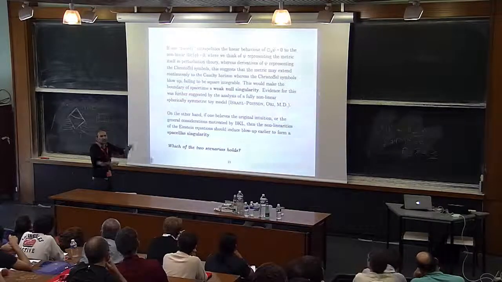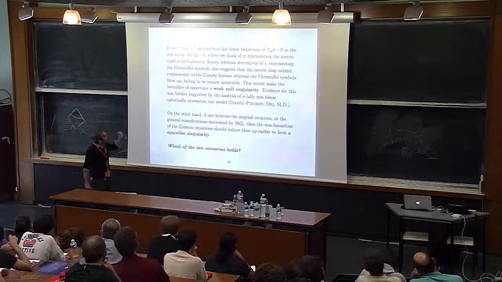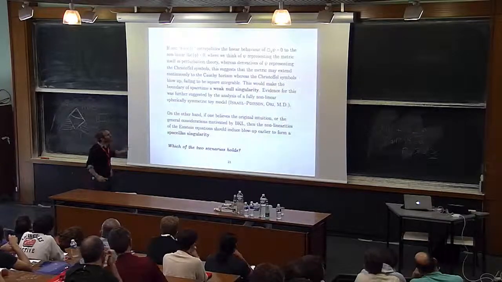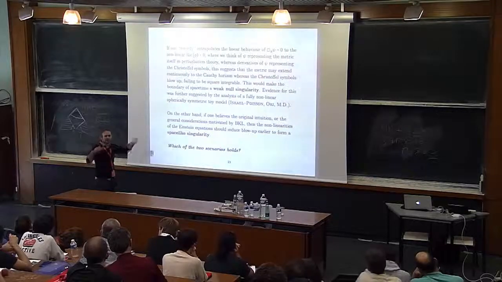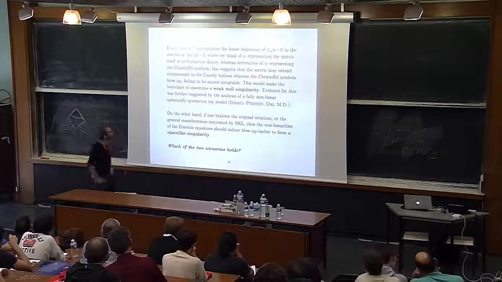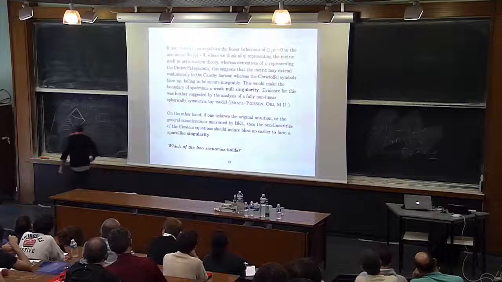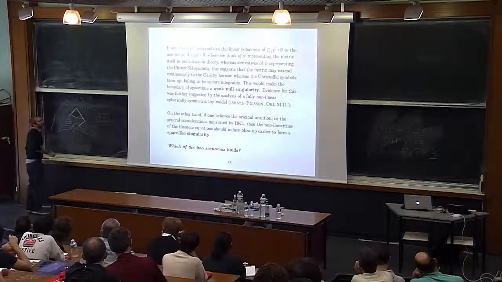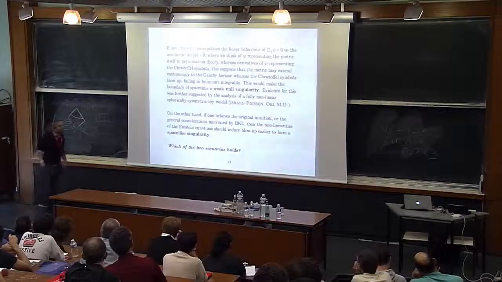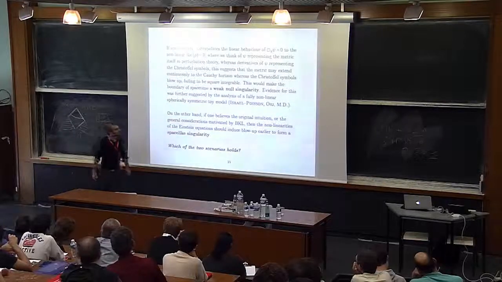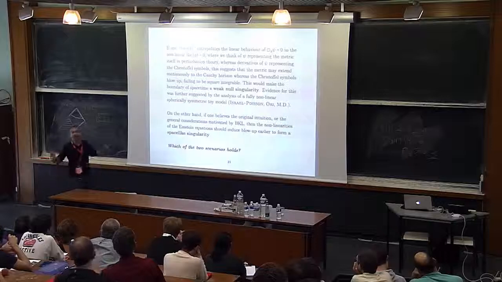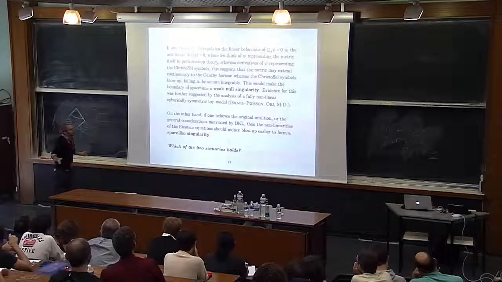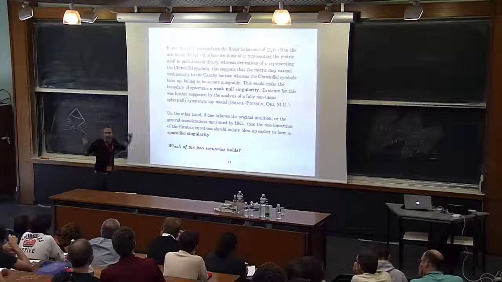And there is also some evidence for this from some very rough, spherically symmetric toy models, which were fully nonlinear. That's what you get by extrapolating that. But on the other hand, if you believe this original intuition and these very general considerations motivated by the BKL conjecture, then singularities should be space-like, generically.